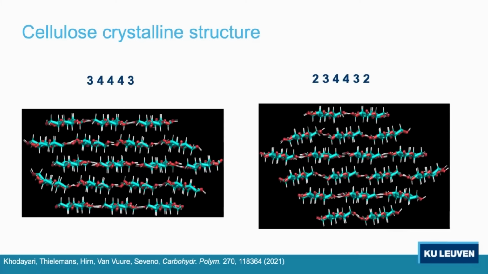But what is very important is that in these two crystal structures, you still see very hydrophilic faces where you have all the hydroxyl groups, but you also have very hydrophobic surfaces on this side where you don't really have any polar interactions. So that makes these cellulose nanocrystals amphiphilic, and they can behave very hydrophilically on these sides and very hydrophobically on those sides. And those are very important aspects.